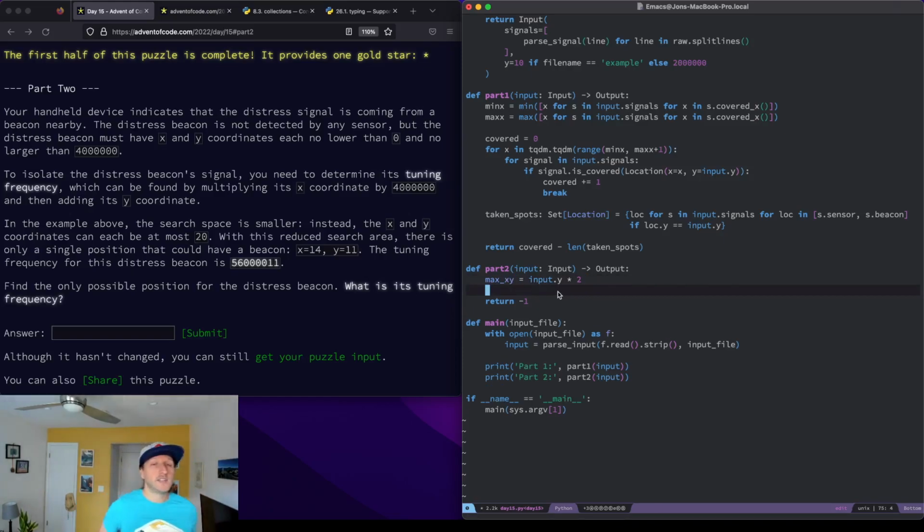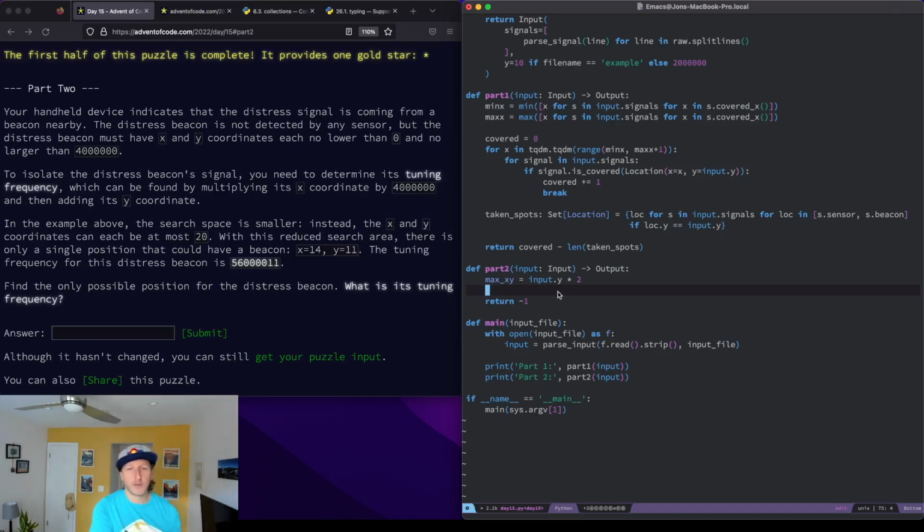All right, so now we need to be much smarter about this. And we need to find, because we can't just run through every single position in the box and see if it's covered.